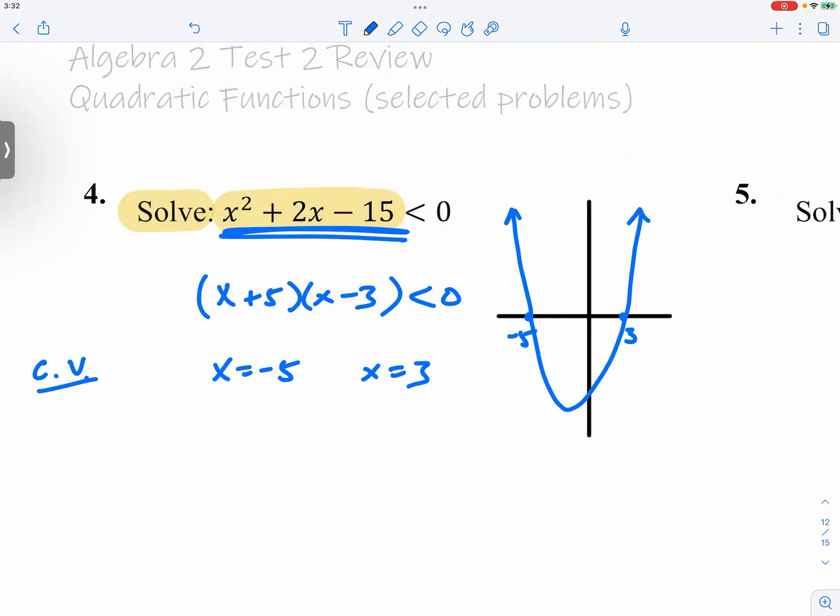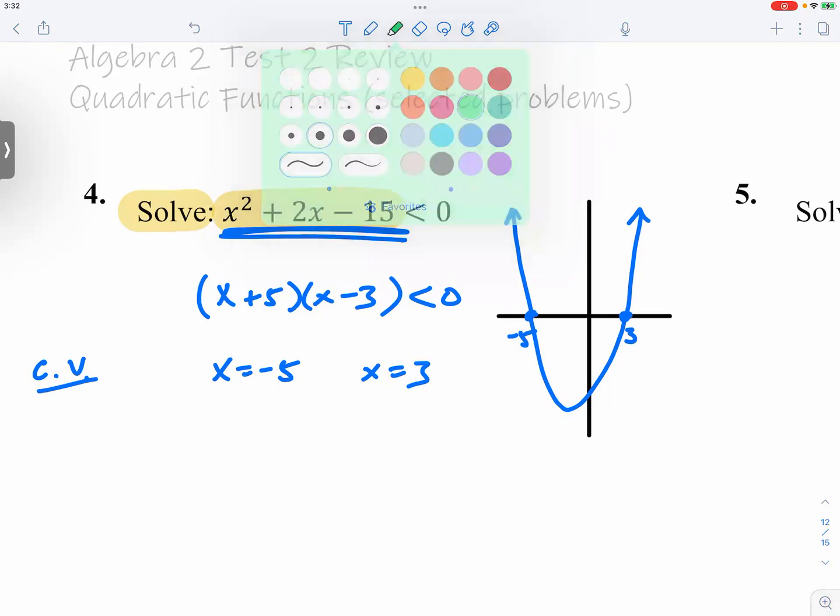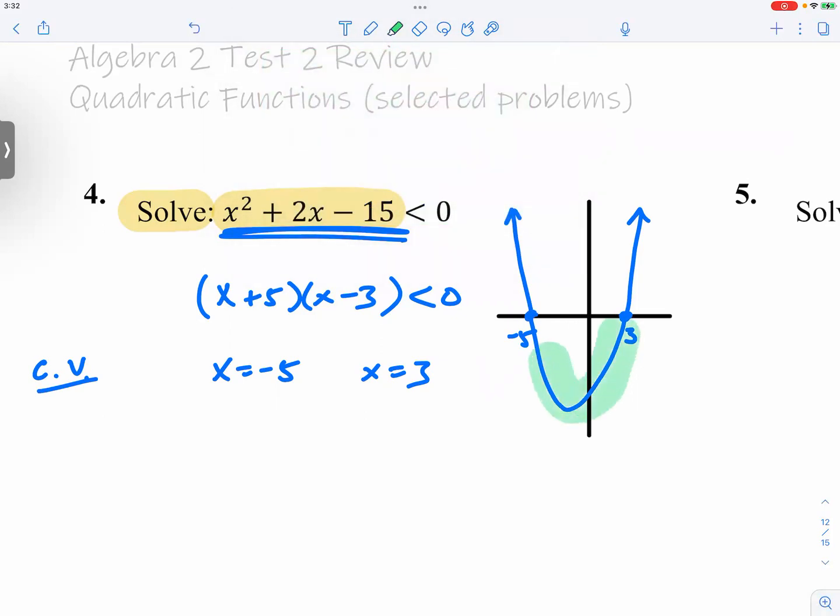They are the roots. Why are they critical? Because they are the ones that equal 0, but we are looking for the part of the graph that is less than 0. Well, how do we know which part is less than 0? This part of the graph is less than 0.